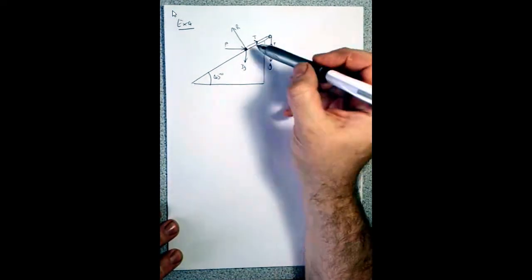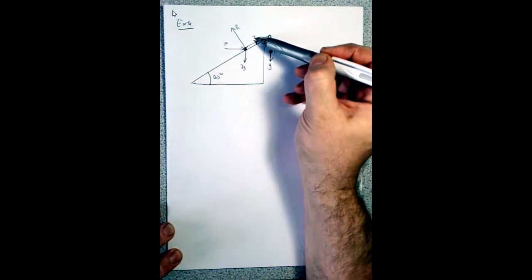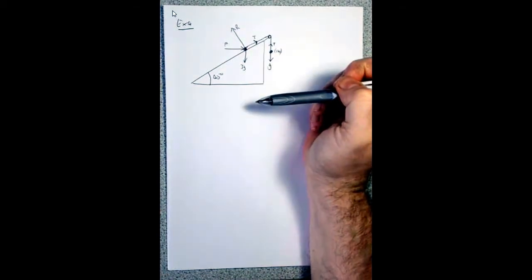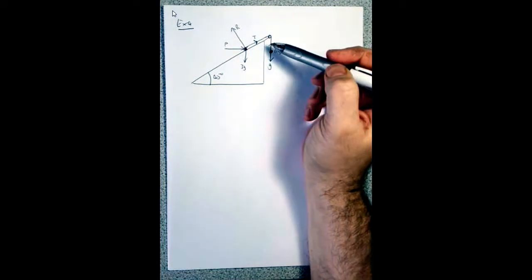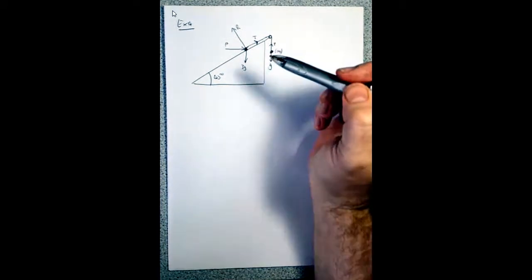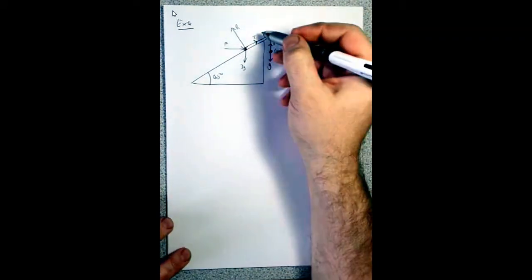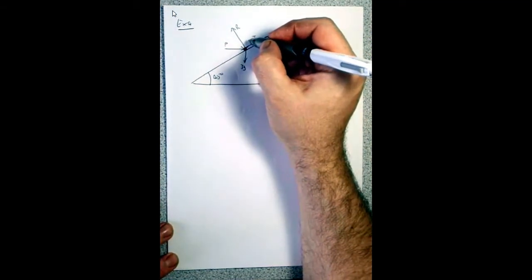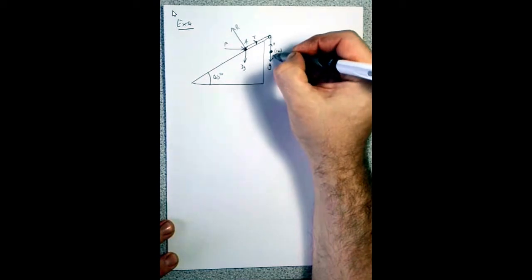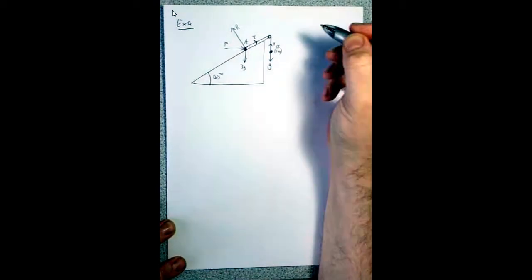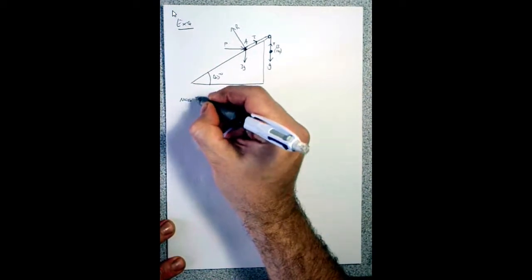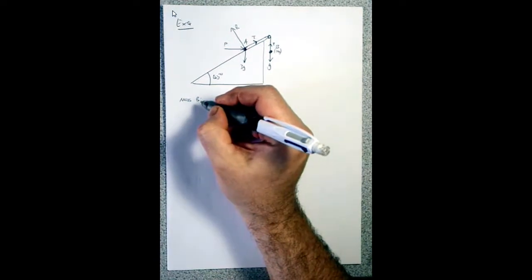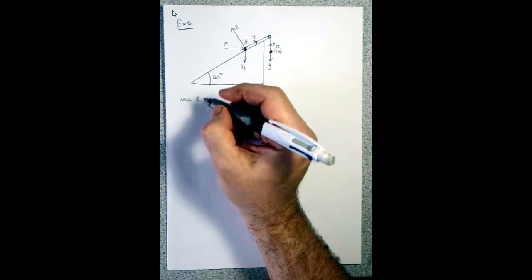Okay. I've got three unknowns here. I've got T, P and R. Now I've got two masses, so I should be able to work these three things out. If I call that mass A and mass B, look at mass B. I'm just trying to read this question again.